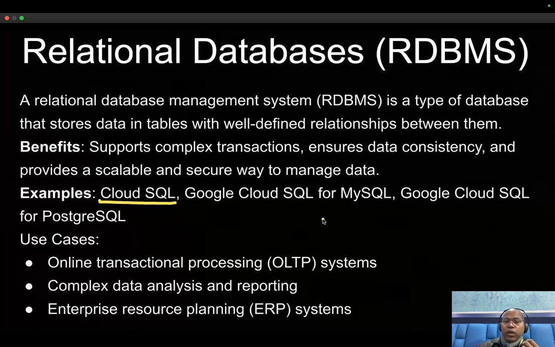If you want a relational database like MySQL or PostgreSQL, you have an option for both in Google Cloud: Cloud SQL. Whenever you go to Cloud SQL on the console, they give you an option.